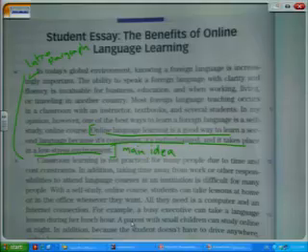All they need is a computer and an internet connection. For example, a busy executive can take a language lesson during her lunch hour. A parent with small children can study online at night. In addition, because the student doesn't have to drive anywhere, online learning saves money.